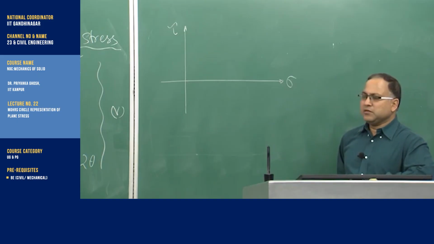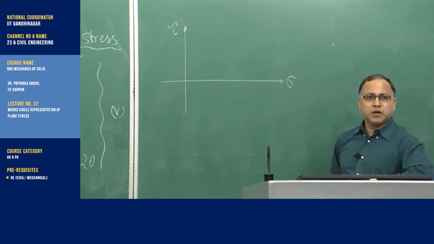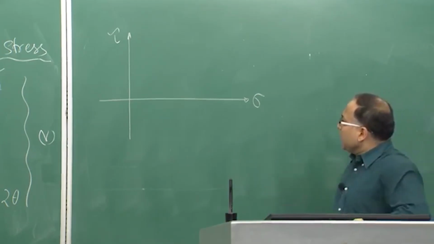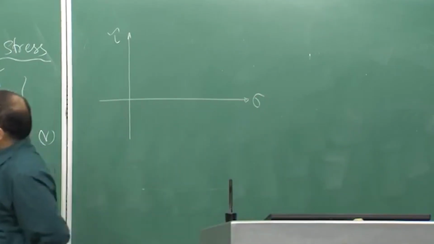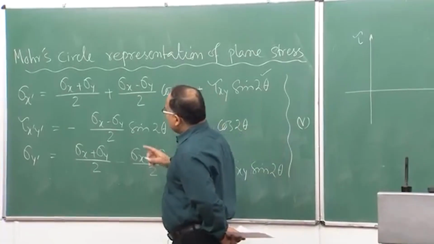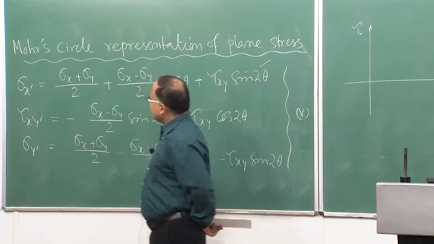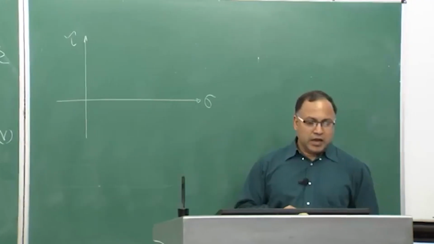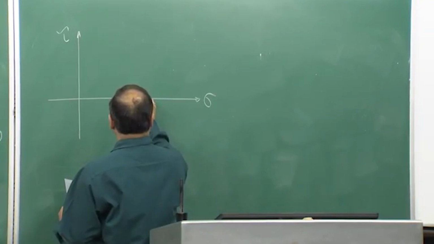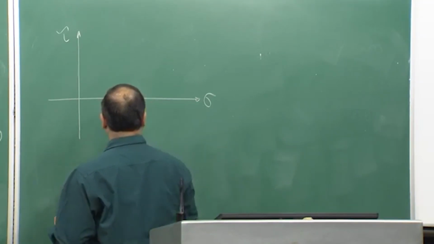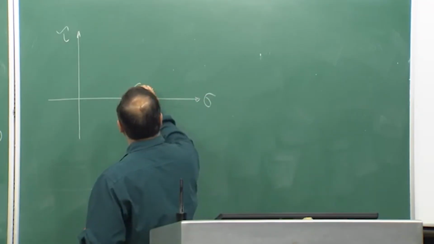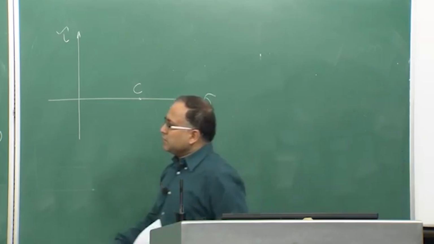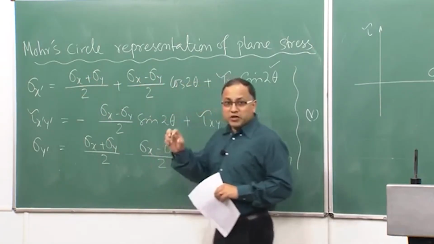In that graphical construction, if you look at the first equation of equation 5, I am just taking the first component of this equation, sigma x plus sigma y by 2, and I am plotting it here. Say this is the point, and I am calling that point C. So, point C gives me the first component of the equation.